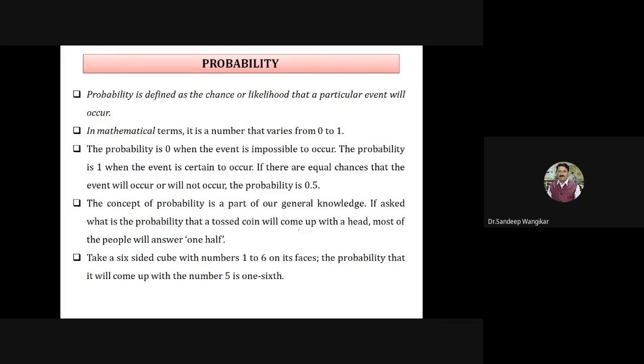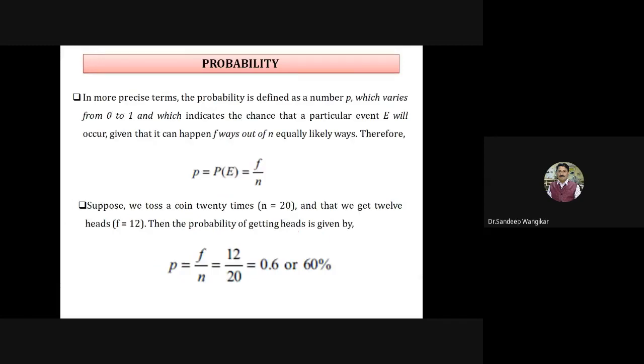So these are the two examples. First we discussed the example of a coin, and second the six-sided cube. Now let us express these examples in terms of some mathematical formulas.